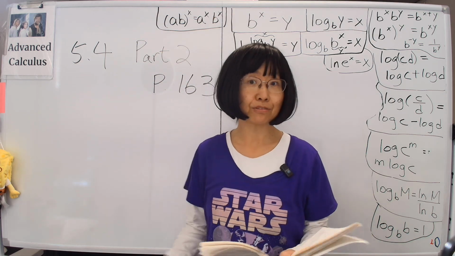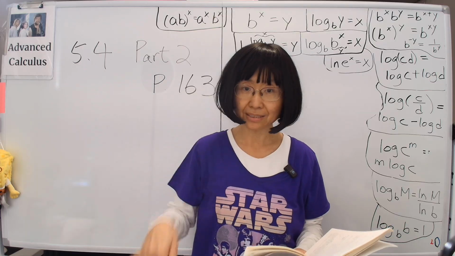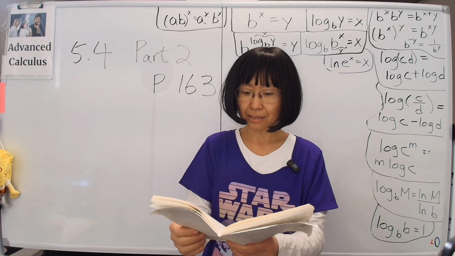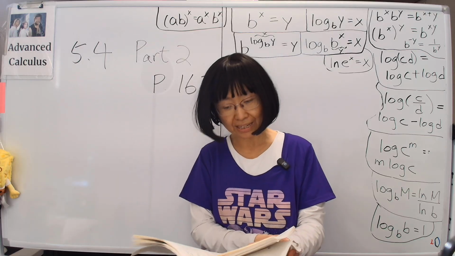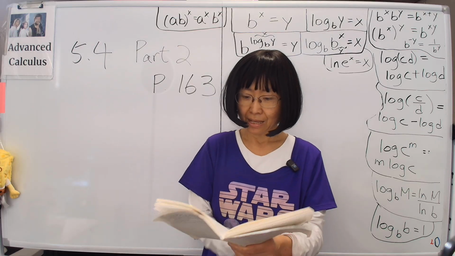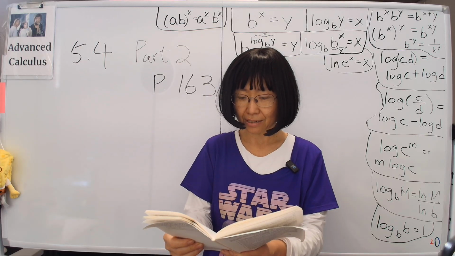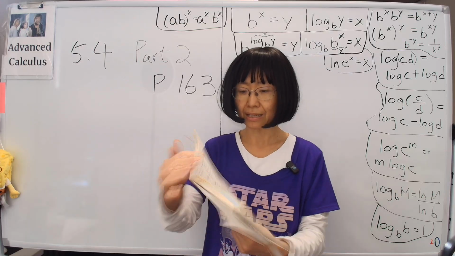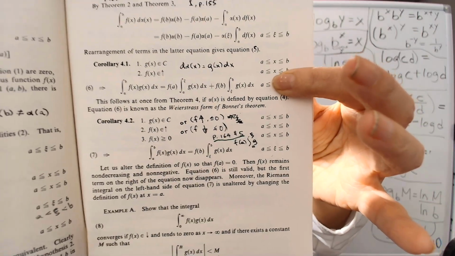We never asked f to be continuous, so the fact that we change f(a), just one point, and drop it to 0 doesn't hurt anything. So, as the book says, f(x) remains non-decreasing and non-negative, which means equation 6 is still valid. That is, we can apply corollary 4.1, where we can get equation 6 right here.